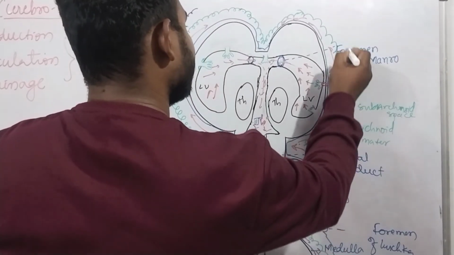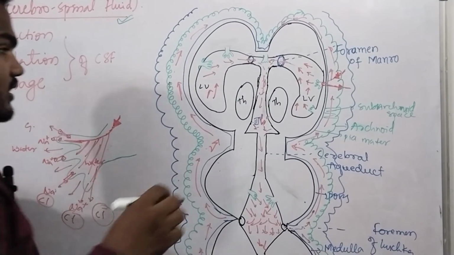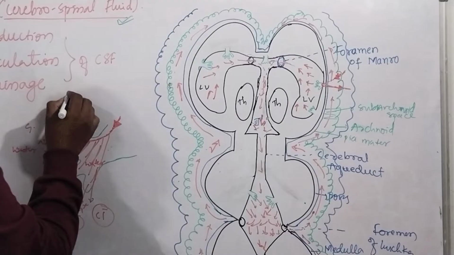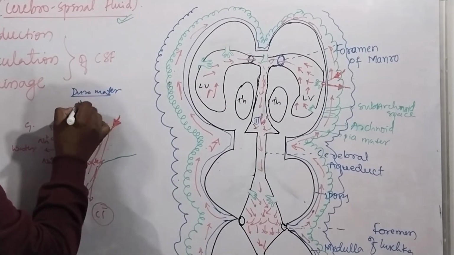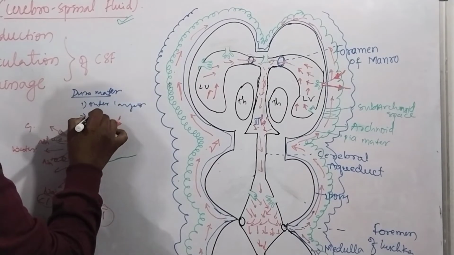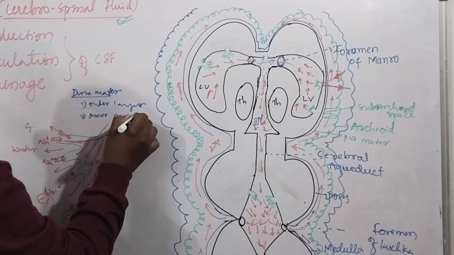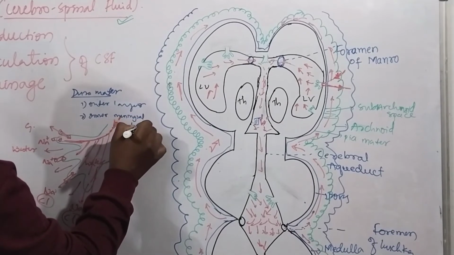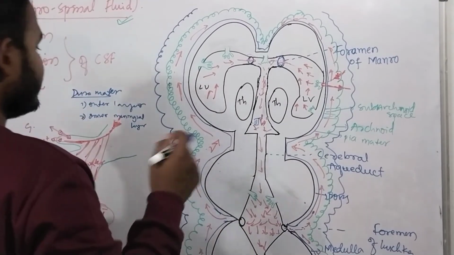The dura mater has two layers. Let me write here: the dura mater has two layers, one is the outer layer, and the second is the inner meningeal layer.